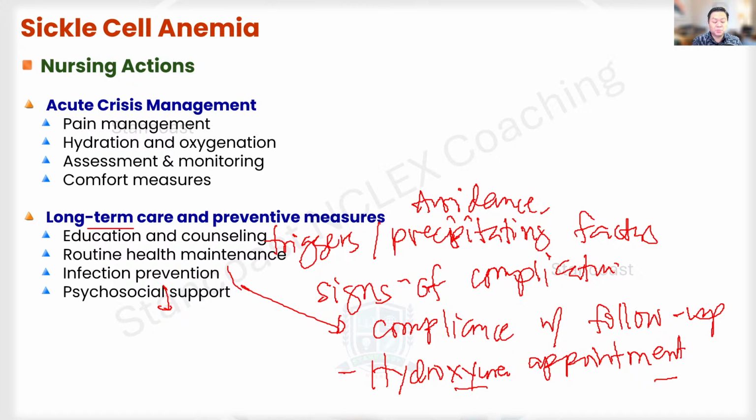Maybe we're going to have to support them by referring them to the resources in the community, maybe support groups, in order that they can have some kind of peer networking. And yeah, they will have that sense of community as well. So they will be able to at least converse with these patients, how they're able to properly manage their problems. Now, nutritional support is very important, guys, to ensure that our patient will be taking a good amount of nutrition. And also, we are going to have to address any kind of deficiencies in their nutrition promptly.